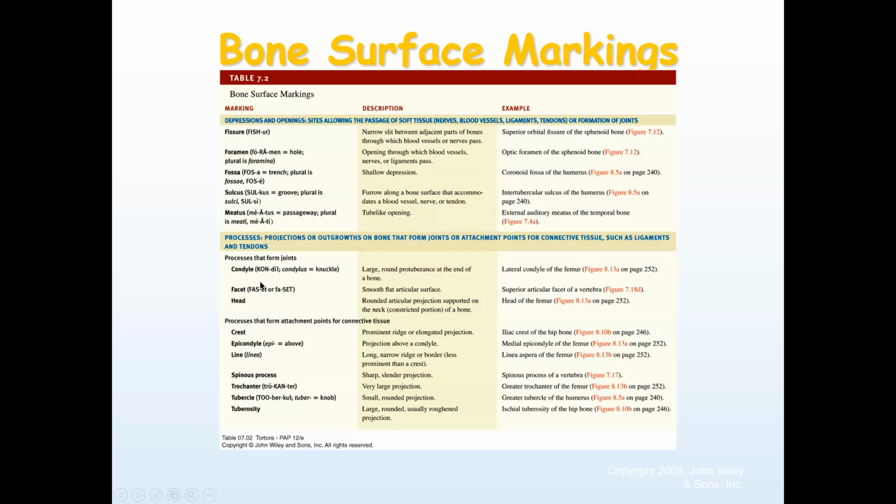And we also have what we call a facet. And a facet is a smooth surface. It's called an articular surface, of course, because it is going to articulate, it's going to fit into another part of the bone. And if you see the word facet, think of diamonds and emeralds, the way they're cut to make them sparkle, right?